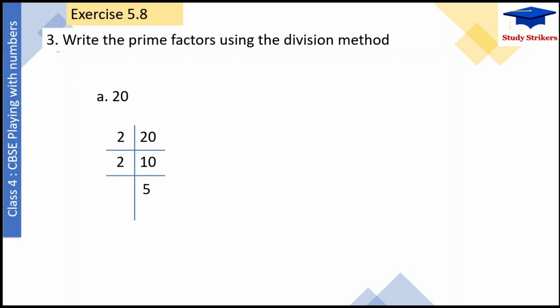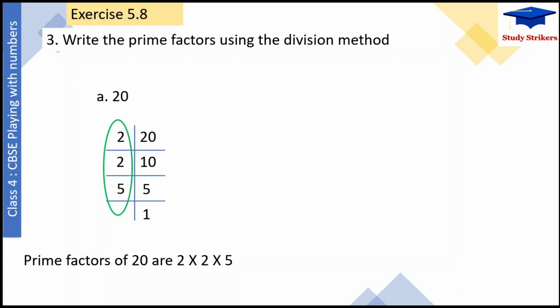We cannot divide 5 by 2, so 3 no, 4 no. So we will directly divide 5 by 5, and we will get 1. We have to follow this process till we get 1. So the prime factors of 20 are 2, 2, 5. We will write them as 2 into 2 into 5.